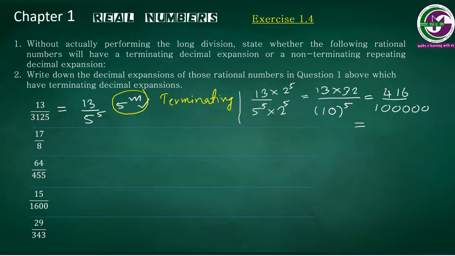There are 5 zeros, so there should be 5 decimal places. So it is 0.00416. Clear?